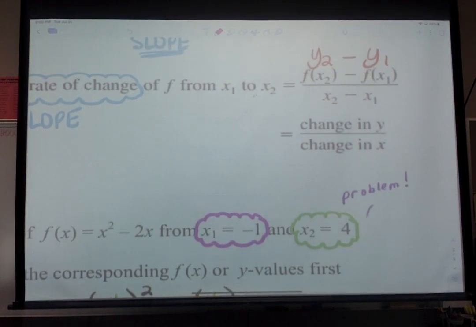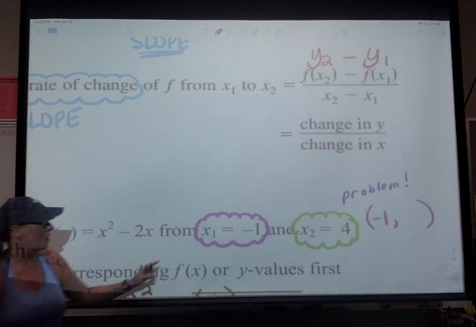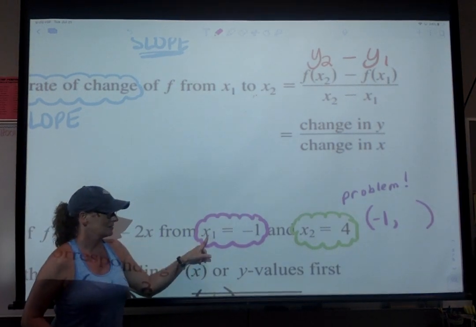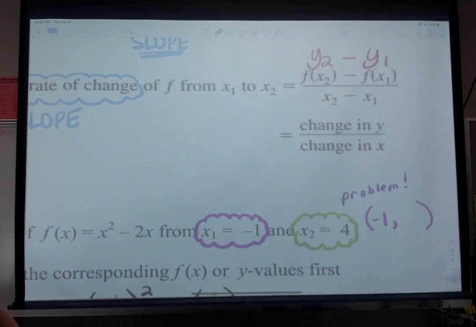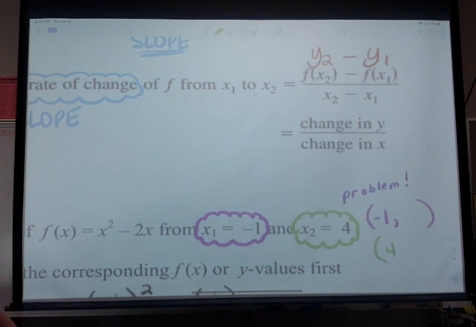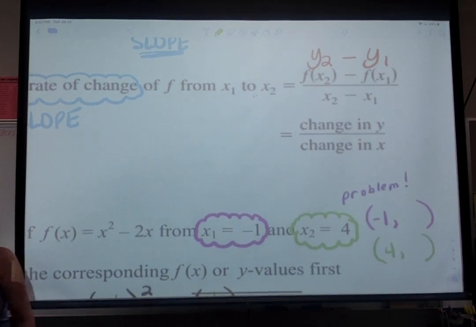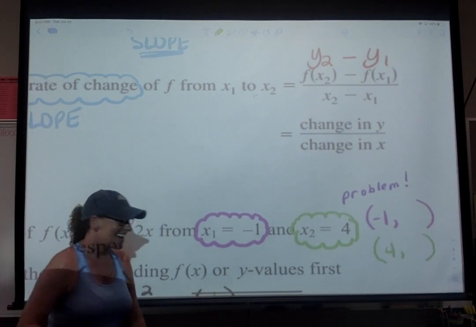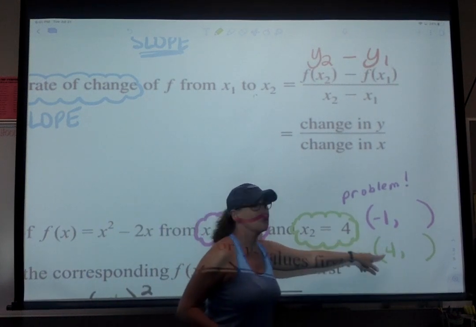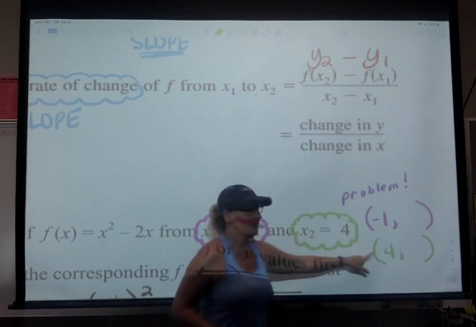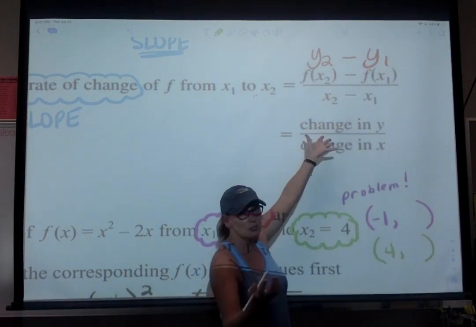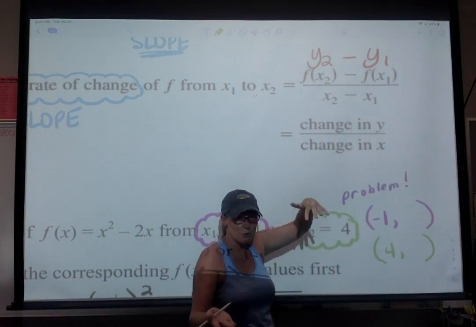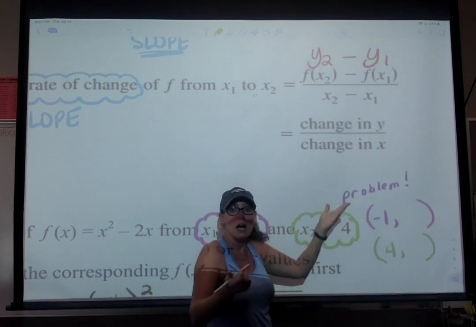I gave you only the x of the pink point, and only the x for the green point. I left out the y values. And you need those y values to do your slope, don't you? You need y2 minus y1 over x2 minus x1. I didn't give them to you.